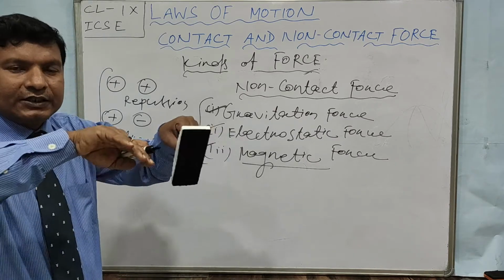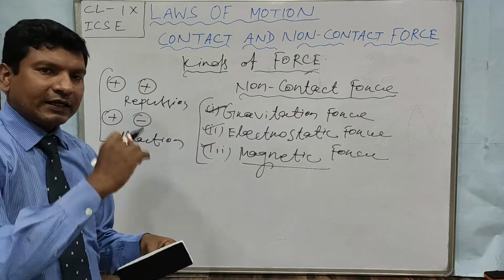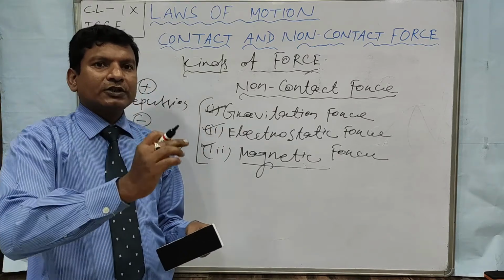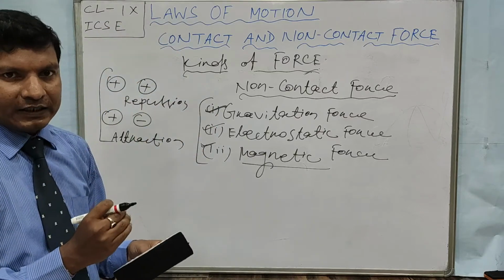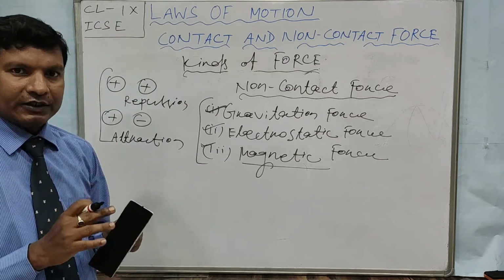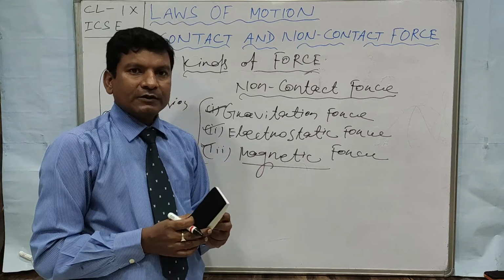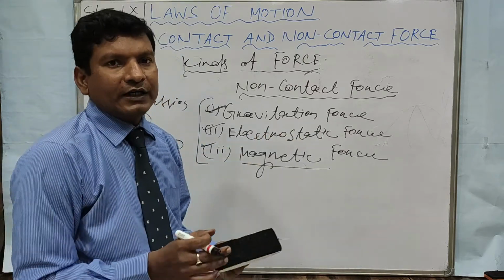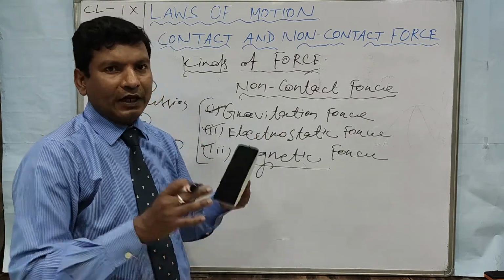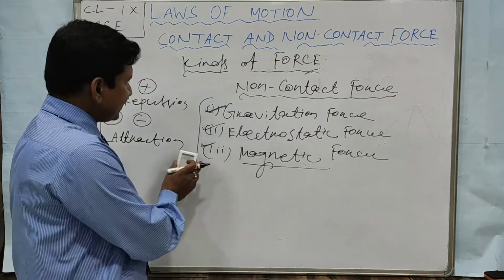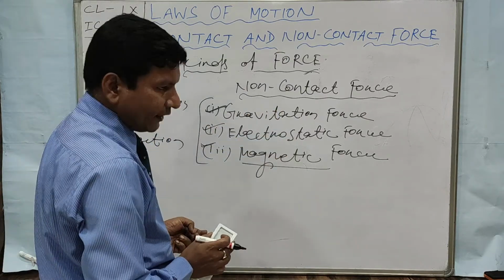They will repel each other. If the north pole of a magnet is going towards the south pole of another magnet, what happens? They will attract. So two like poles repel each other, whereas two unlike poles attract each other. So all these are your non-contact forces.